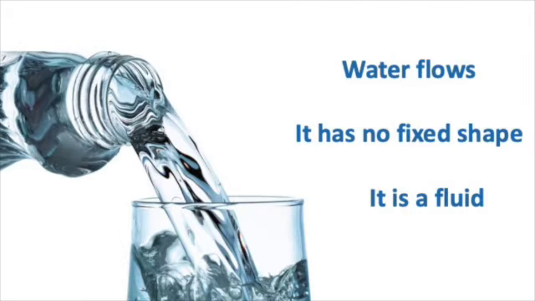Well, we know that water is a liquid, and unlike solids which can't move, a liquid can move. A liquid can flow freely. It also has no fixed shape, so it's therefore classed as a fluid. I think we can definitely say that water is a fluid.